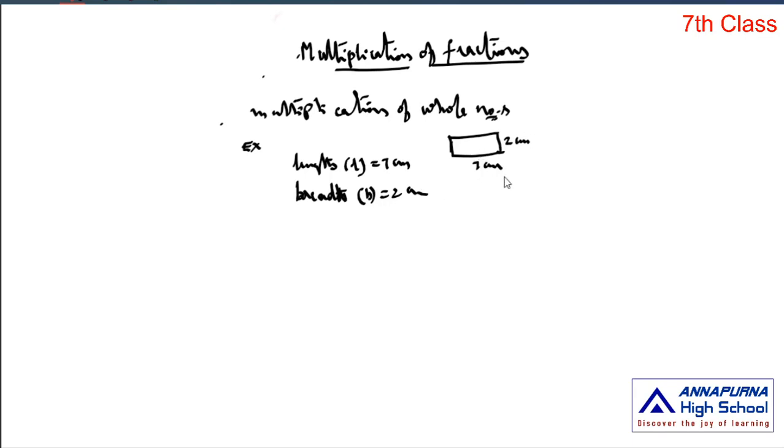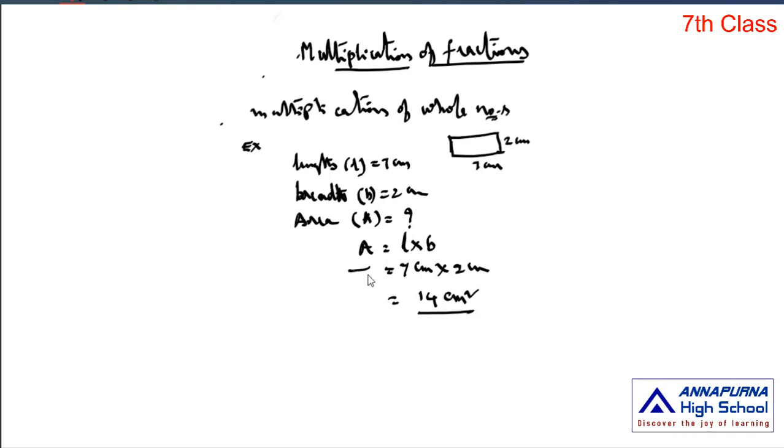To find the area of this rectangle, what will we do? What is the formula for area? Area of a rectangle is length into breadth, which is equal to 7 centimeters into 2 centimeters, which is equal to 7 2s are 14 centimeters square or 14 square centimeters. So this is the area of a rectangle.